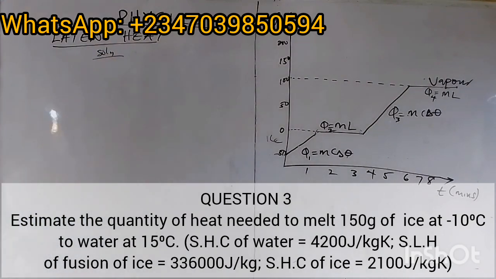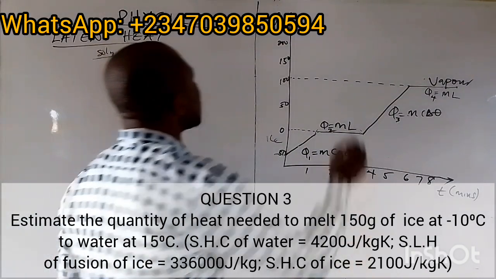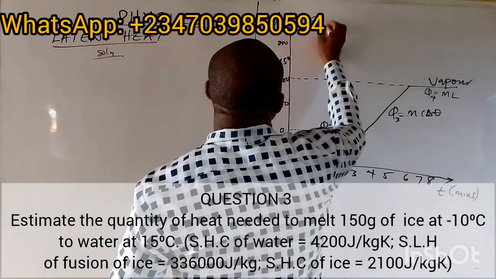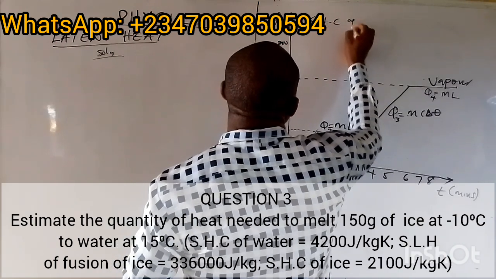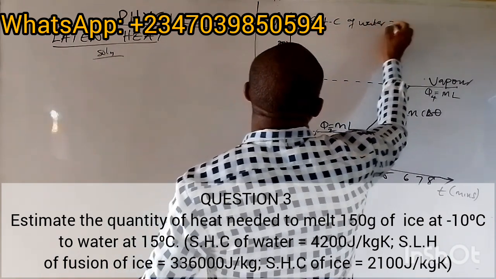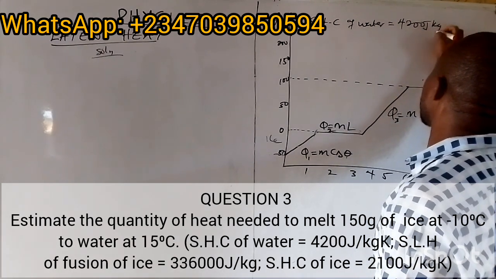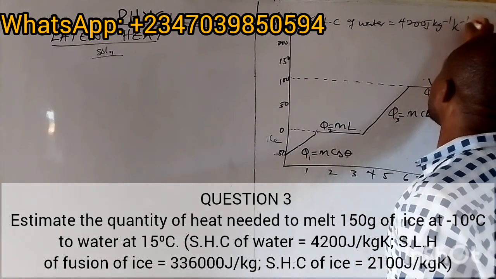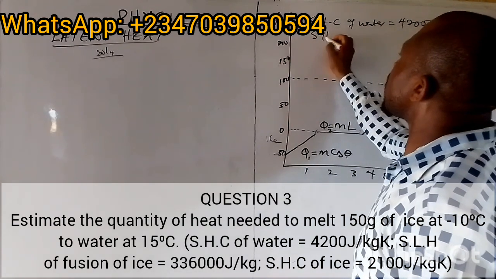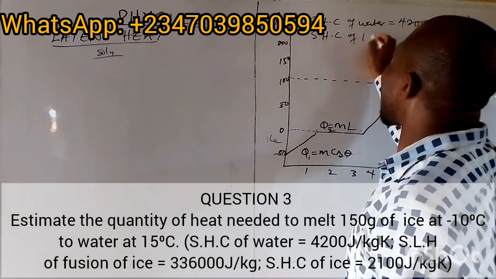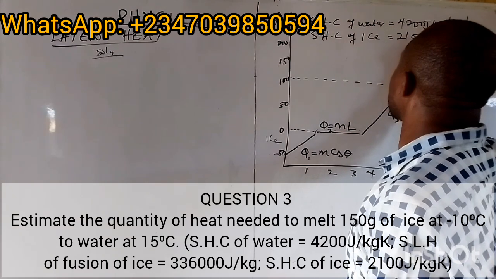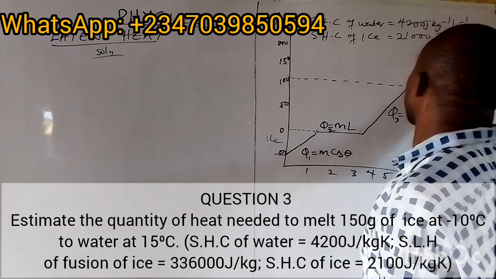What we have here is that the specific heat capacity of water is 4,200 joules per kg per Kelvin. Specific heat capacity of ice, 2,100 joules per kg.